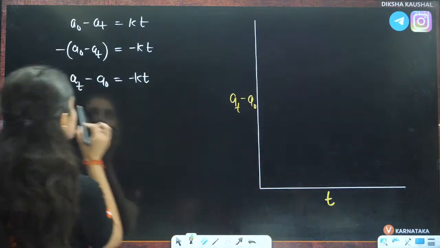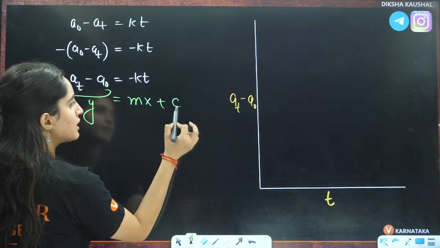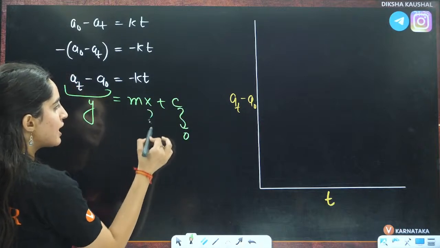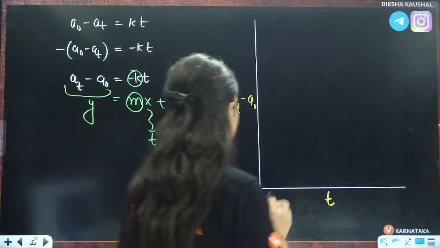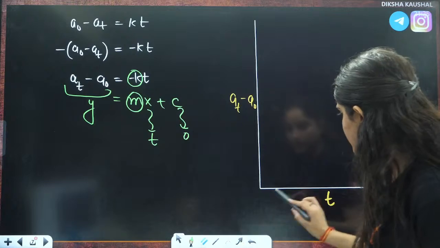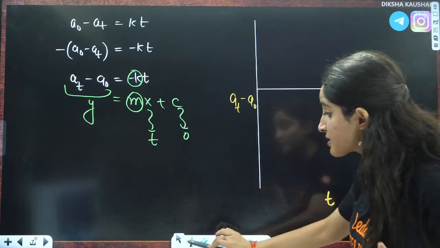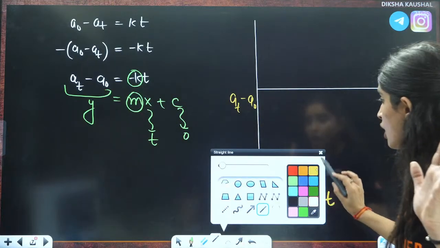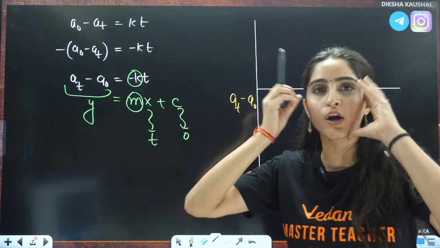Now this is your y equals mx plus c. Intercept is 0 here. X is t here. And slope is minus k here. That is why the intercept is 0 here, and the graph should be like this. I'm just giving you different ways they can ask you the question, to expand your universe.